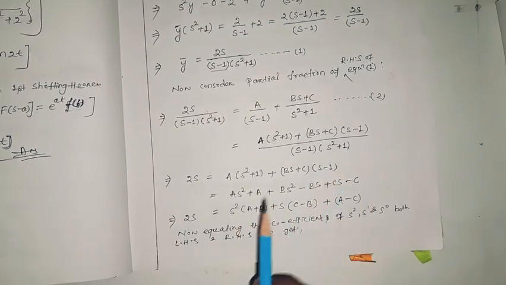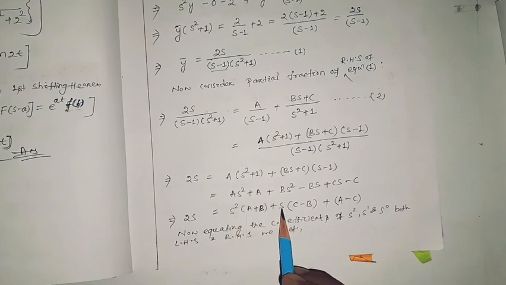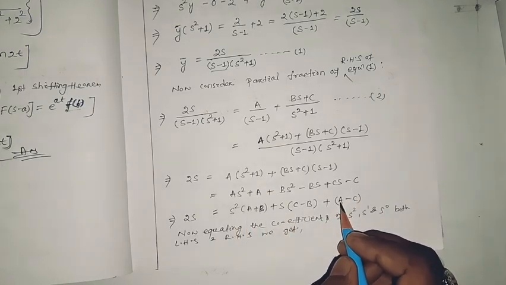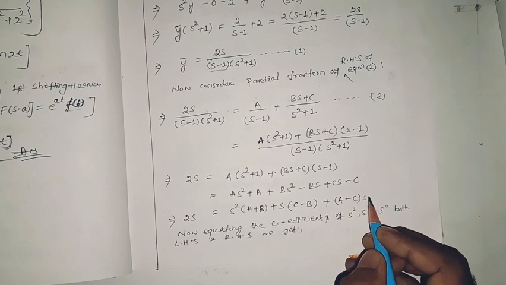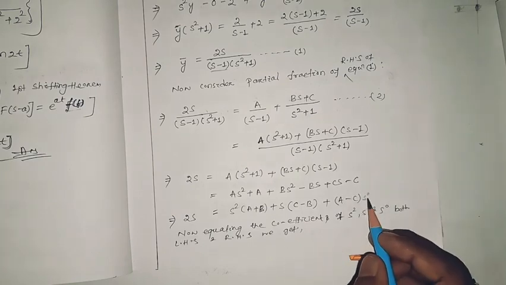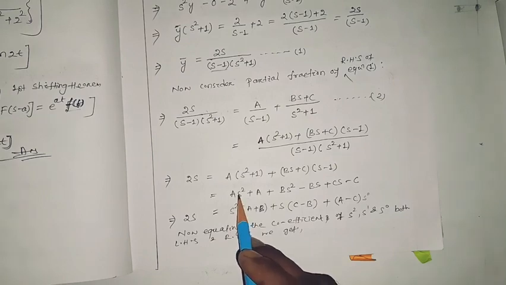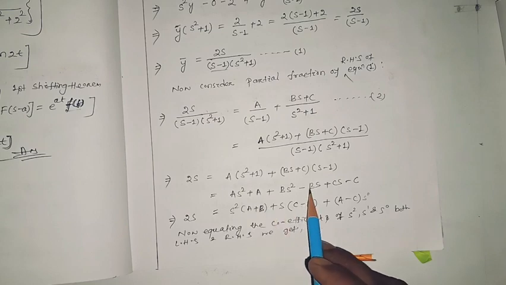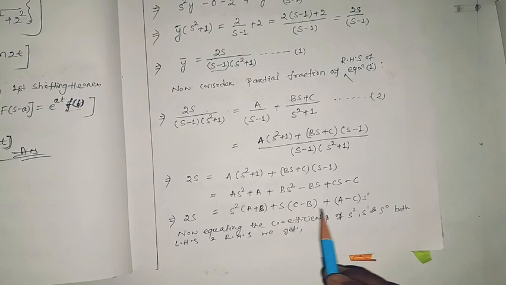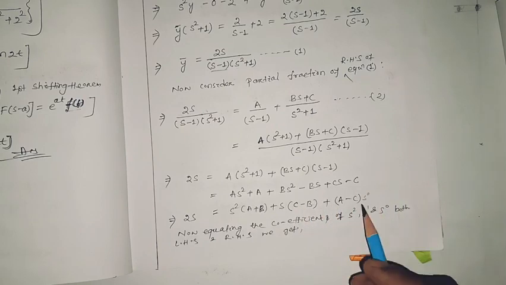So if we write with the coefficients of s squared, s and s to the power 0, see here A minus C is a constant, or we can say this is the coefficient of s to the power 0, because s to the power 0 is 1. So if I take s squared common, this will be A plus B, and here Cs and Bs, this will be C minus B into s, plus A minus C into s to the power 0.